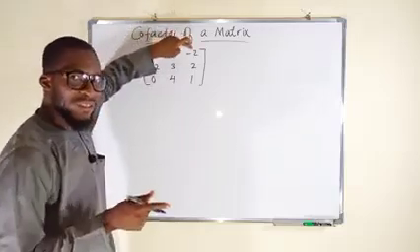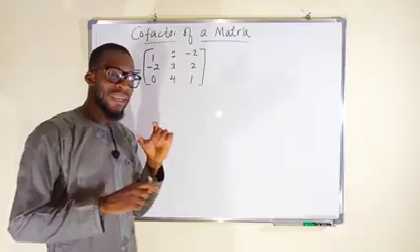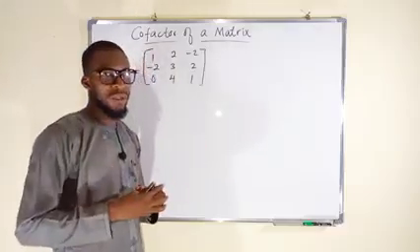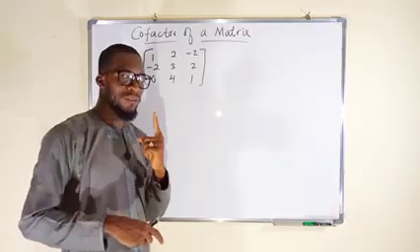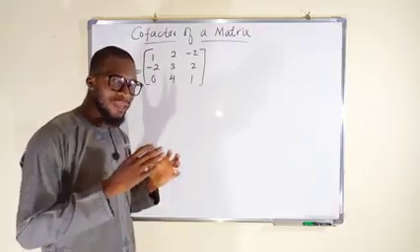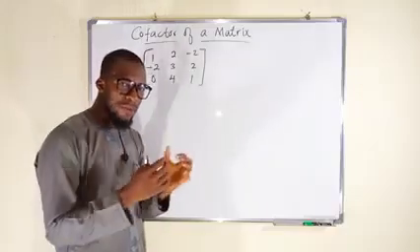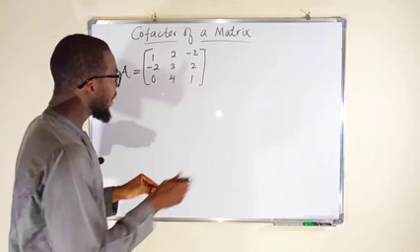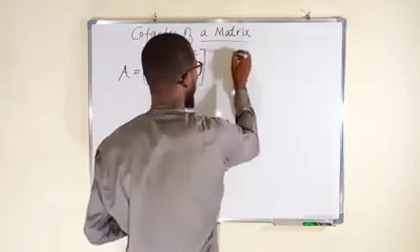A13. 1 plus 3 is even. So once that element is under an even position, it is going to be multiplied by +1. Once that element is under an odd position, it is going to be multiplied by -1. So we can develop something in this form.